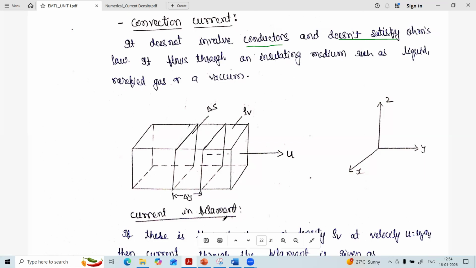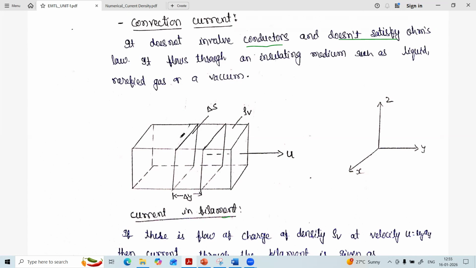The situation we have taken here is a current filament. This filament is surrounded by an inert gas, like neon gas. If you see the old days' bulb, it had a filament and neon gas. Now one situation we are considering is a cuboidal shape.